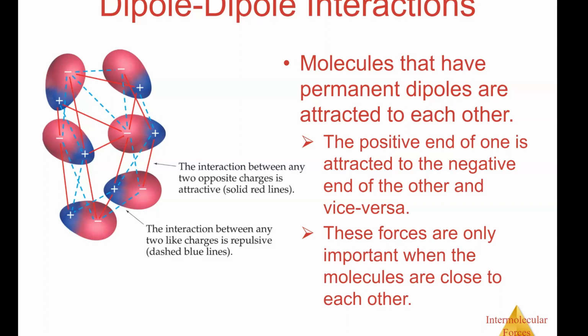So, if we're talking about a polar molecule like carbon bonded to chlorine or something like that, right? All those bonds, even if the entire molecule is not polar, by the way, remember the bonds have a dipole. And that pull is enough to attract another molecule. Yeah.